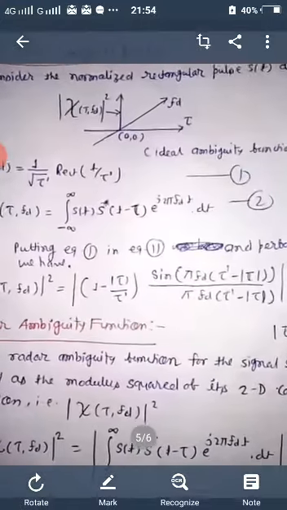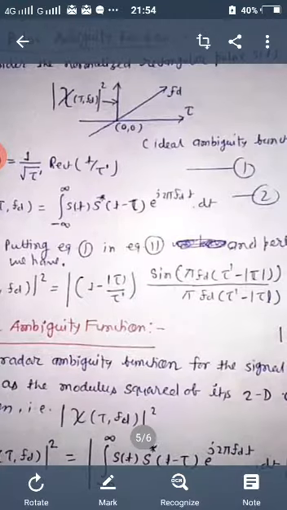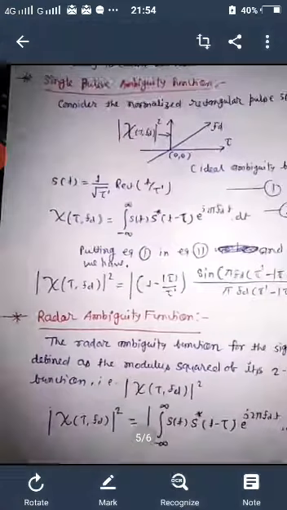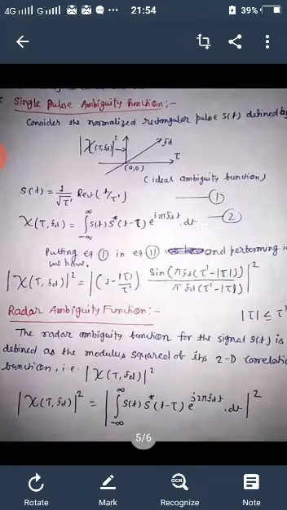Hence, it is denoted by modulus of chi(tau, f_d) whole square, which is given by this expression: modulus of chi(tau, f_d) whole square equals the integration from minus infinity to infinity of s(t) s*(t minus tau) e to the power j 2 pi f_d t dt, whole square.